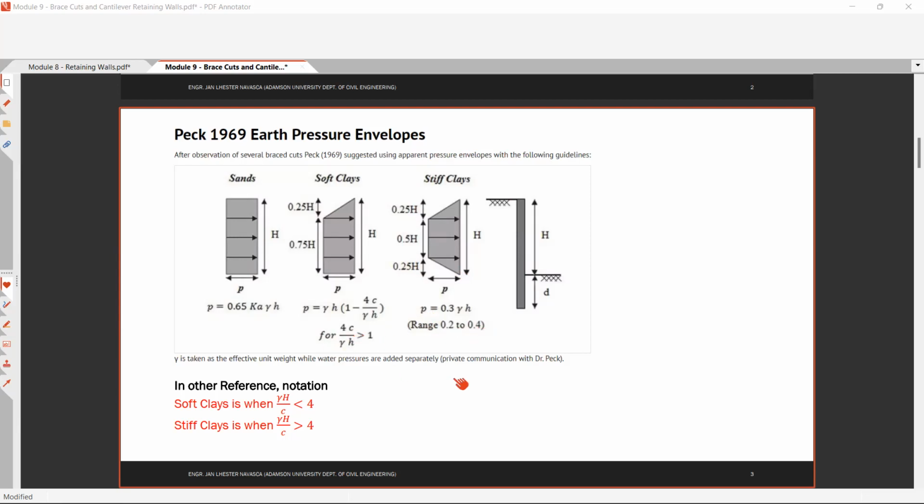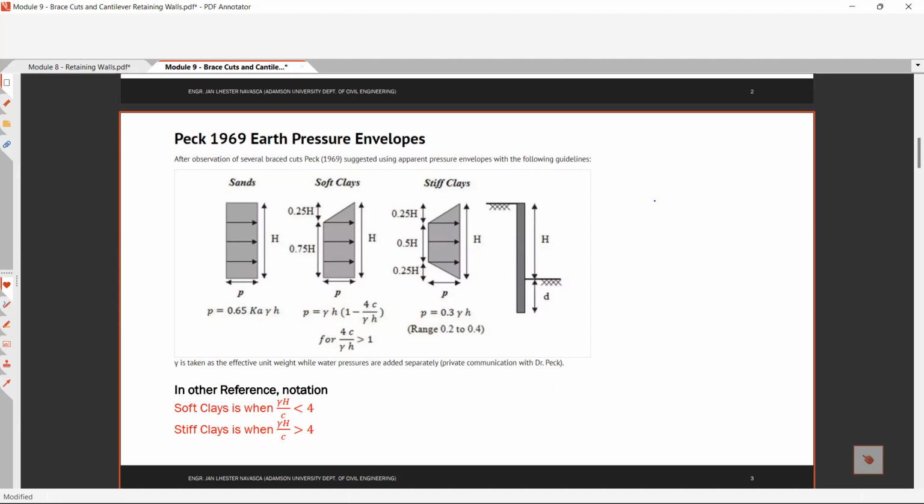Okay, however, in other references, we have this notation. For soft clays, this is when gamma H over C is less than 4. So this gamma H over C is also derived from here.